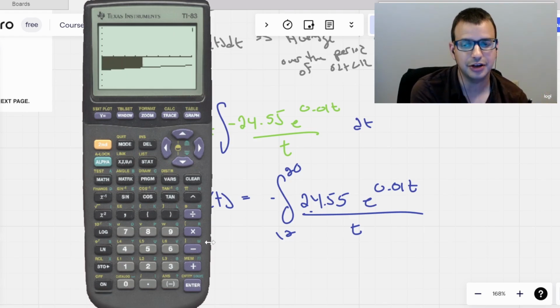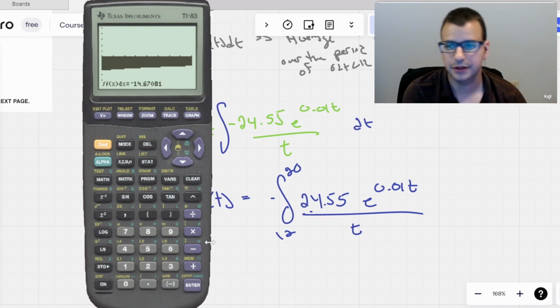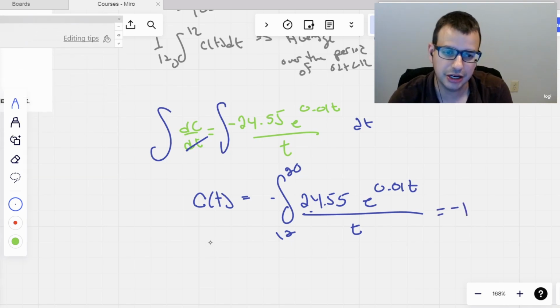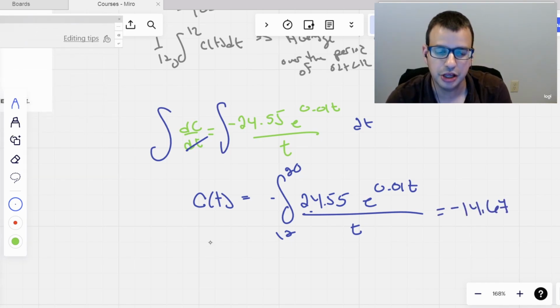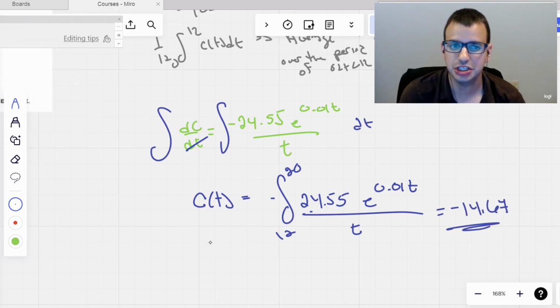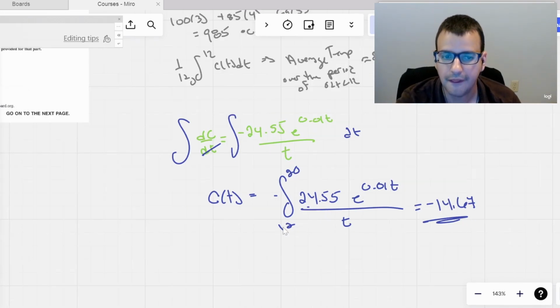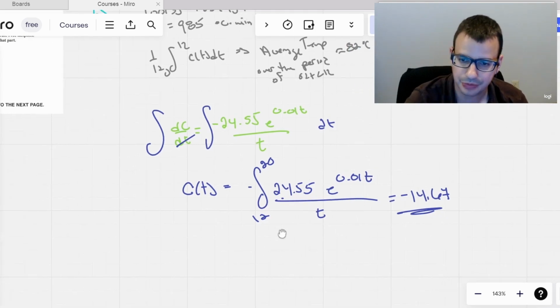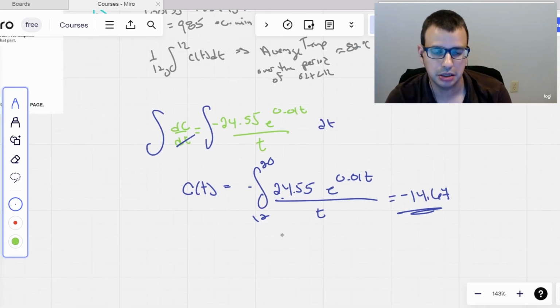It should give us a negative number because it's below the axis. There we go, negative 14.67. So it's going to be that plus a constant.